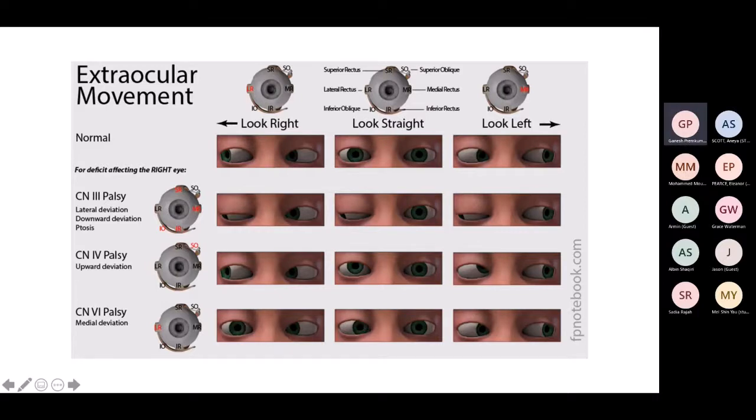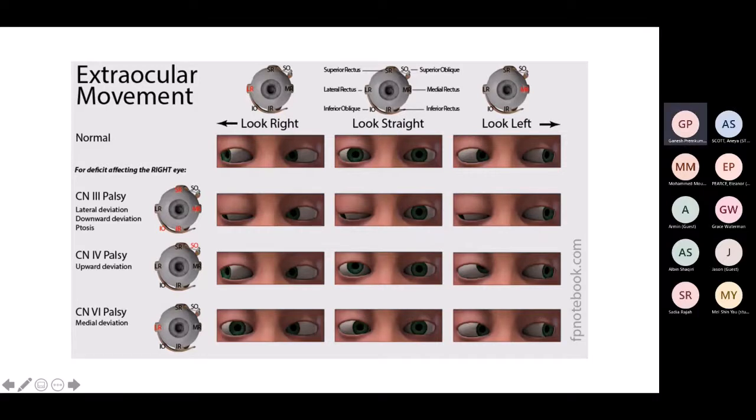If you ask them to look right, you might not notice it as much because the lateral rectus is active. However, you can still appreciate that subtle difference. That's just because the superior oblique is working unopposed, the eye is still sitting quite downward. Whereas if you look at the left eye, you can see more of the actual iris. Yeah, so that's the classic down and out.